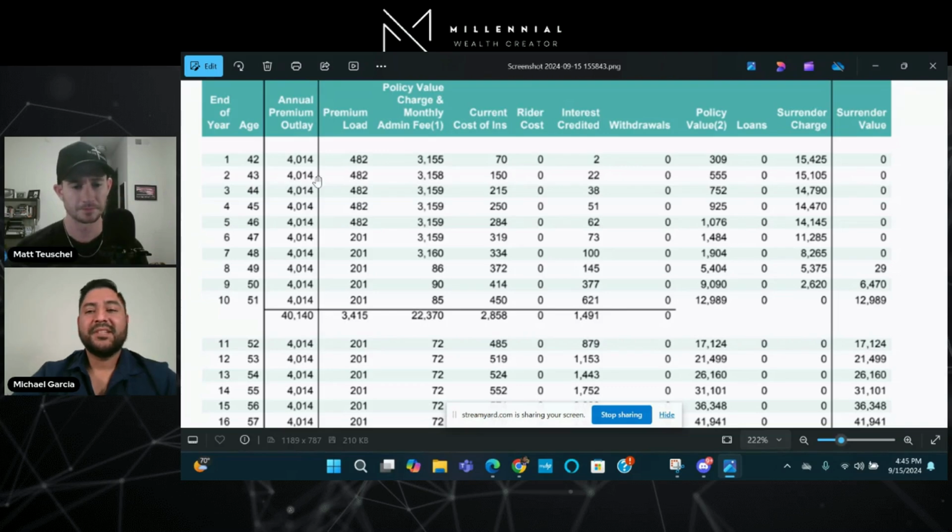So I'll use a more common phrase, the per thousand charge. A lot of these companies will illustrate this charge maybe for 10 years. However, contractually guaranteed, they can charge it all years, right?